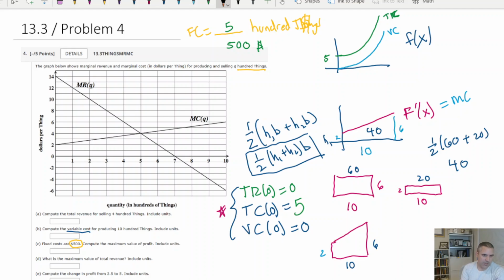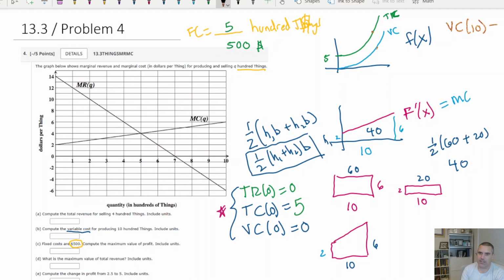In doing this, we can basically think of the graphs as separate. We can think of the variable cost as the area under marginal cost. The only difference for total cost is that you have to add 5. So briefly, this is just getting you to explore the following ideas. The variable cost at any value, let's just pick a number, how about 10?